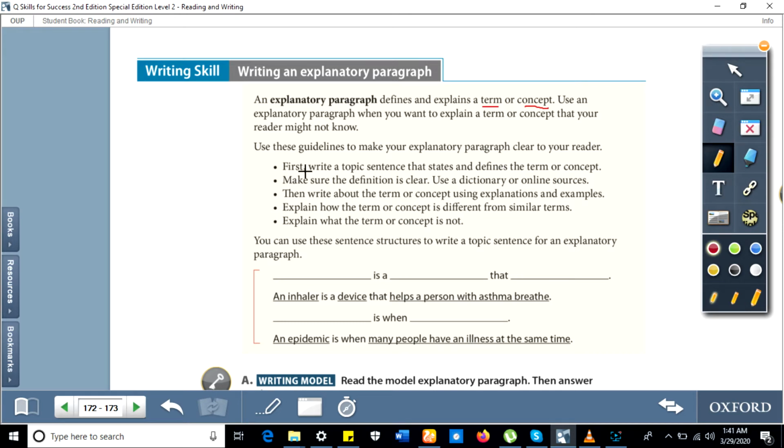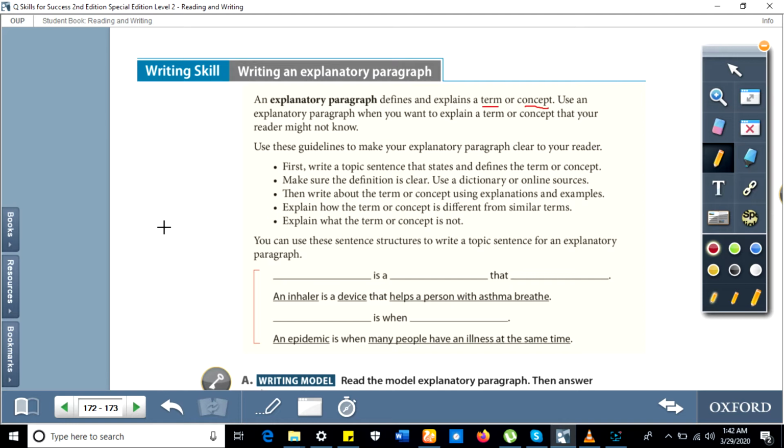First, what you have to do is write a topic sentence that states and defines the term or concept. So first what you need to do is to write a topic sentence, and you have to make sure the definition is clear. In the beginning, if you want to use a dictionary or online resources, you can do it.